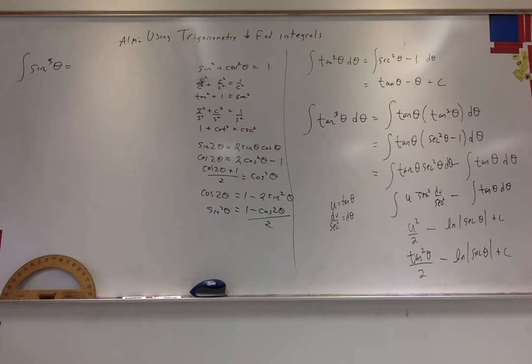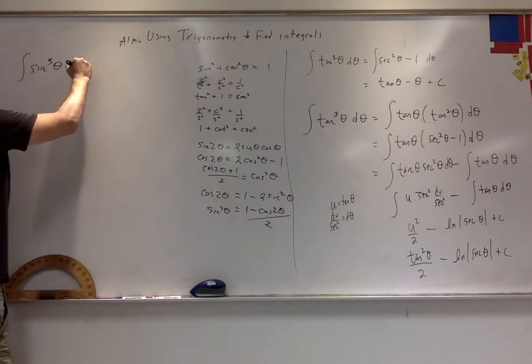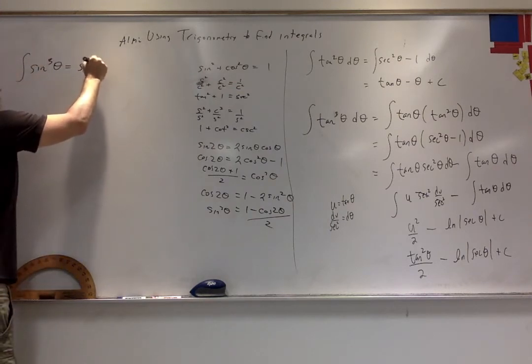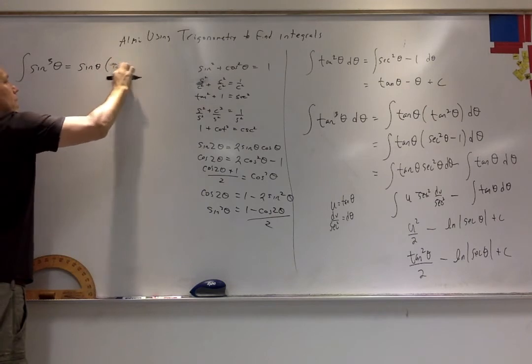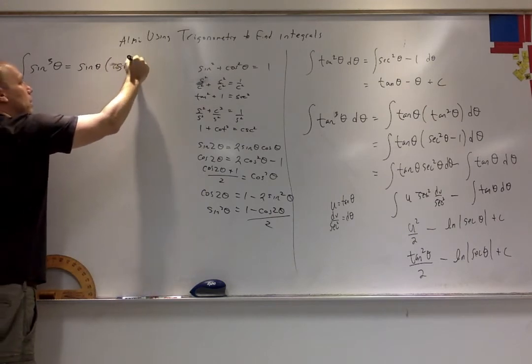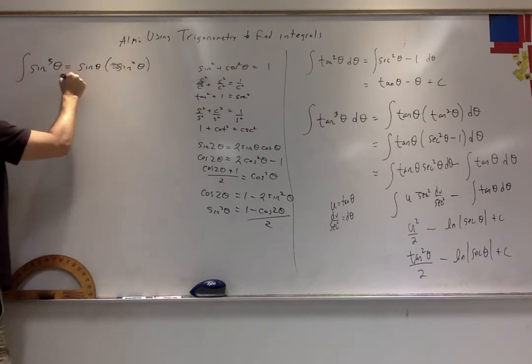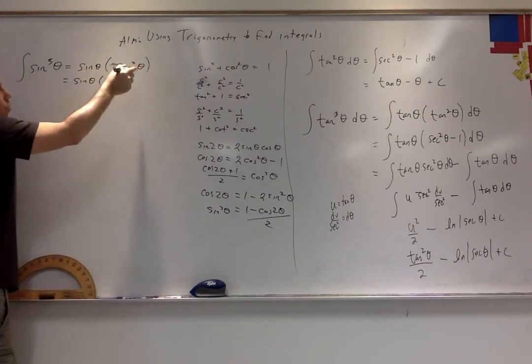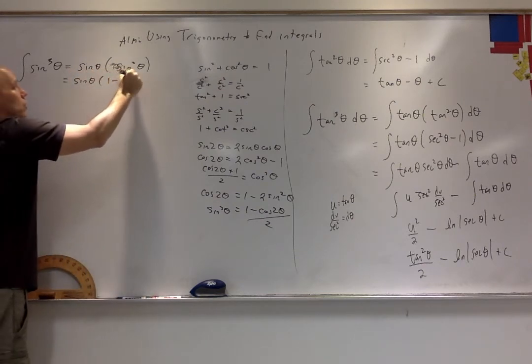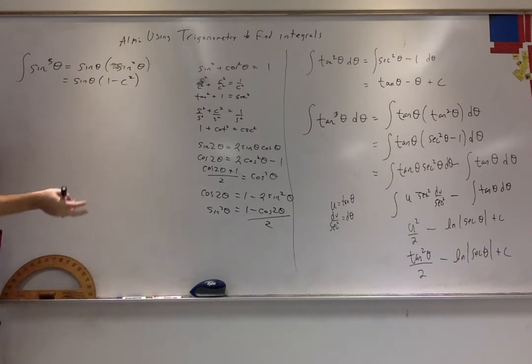Well, actually odd numbers are really easy. What you're going to do is you're going to pull out a sine, leaving us with sine squared theta. And then we're going to rewrite sine squared theta as 1 minus cosine squared. And what do we notice?